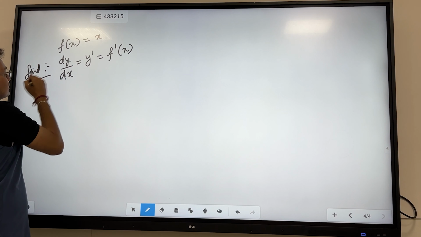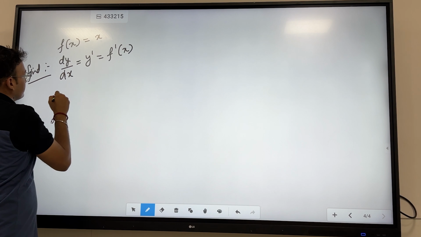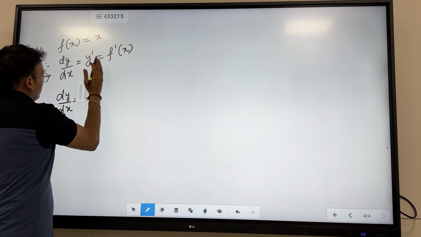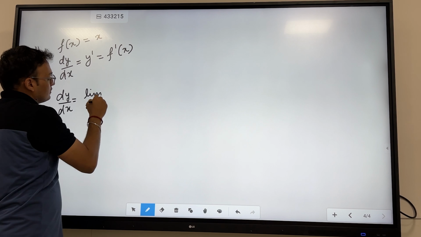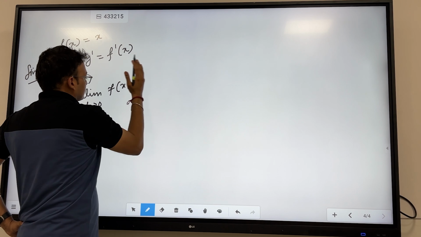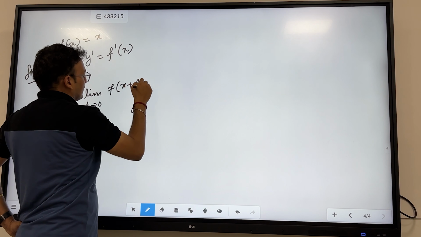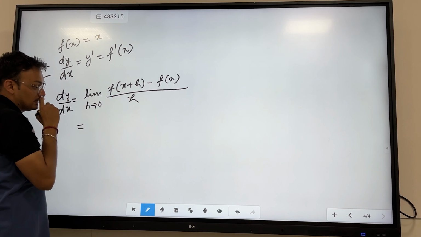Now, using the first fundamental principle, dy over dx is the limit h tends to 0 of f of x plus h minus f of x over h. So can I say that?